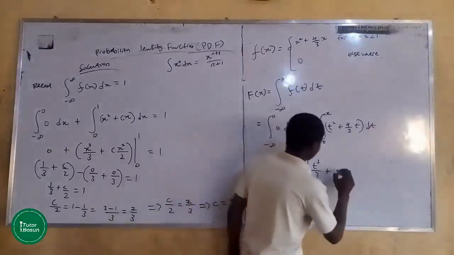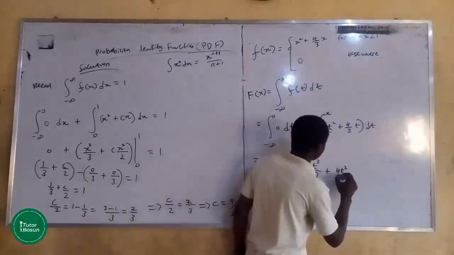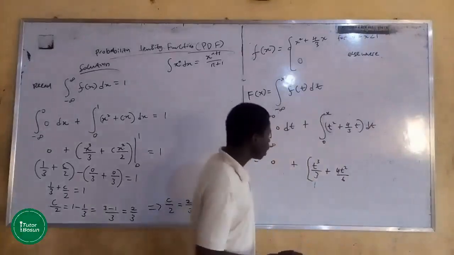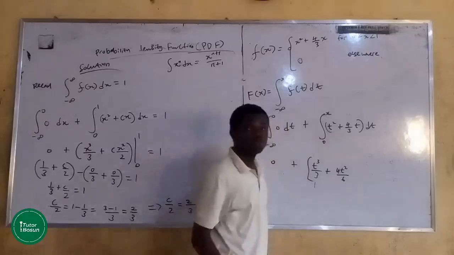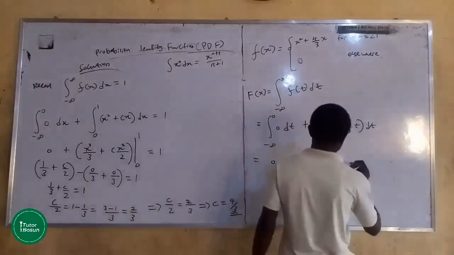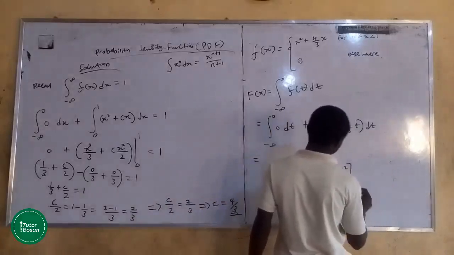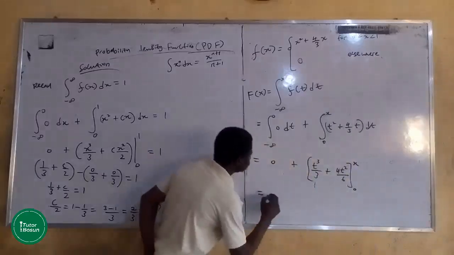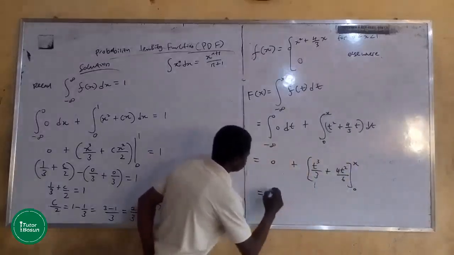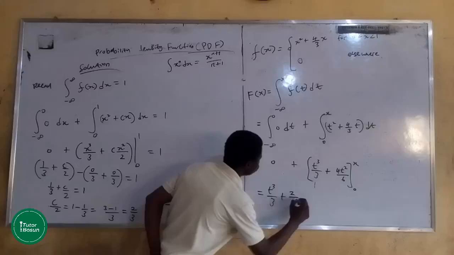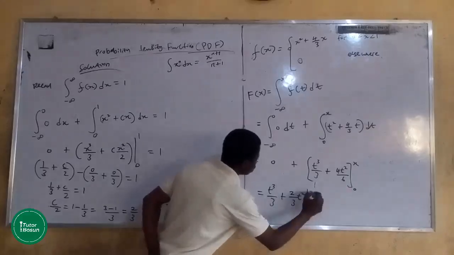So here we have 4t squared over 6, which can be broken down into 2 over 3. From 0 to x, which is our final position. Then we can finally write this as t cubed over 3 plus 2 over 3t squared, from 0 to x.